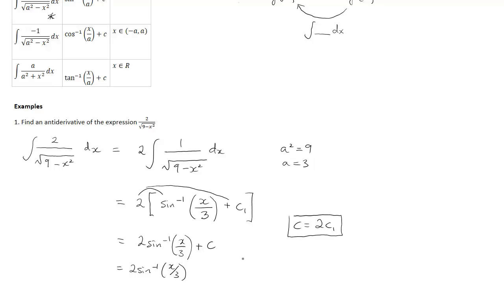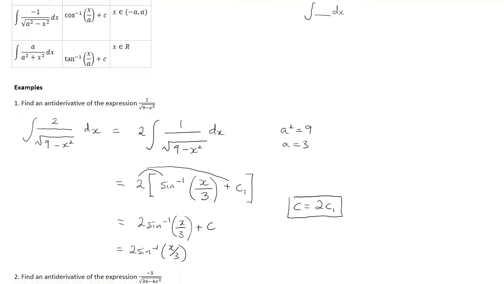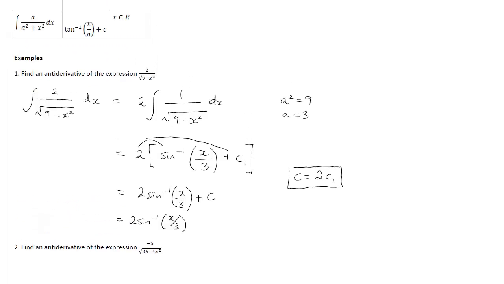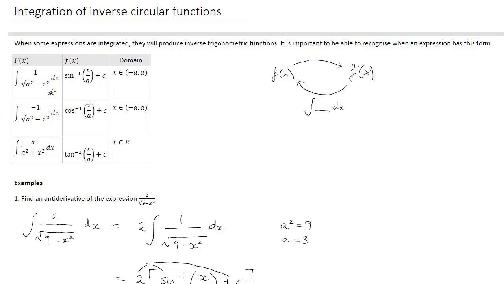Okay, so that's our first antiderivative of the expression. So let's have a look at the second example. Now, in example number 2, we can see that we have a negative expression. And so a negative expression indicates from our table up here, when we have a negative in front of our expression, I'm just trying to find the mouse.